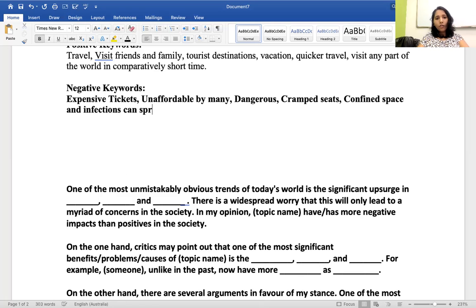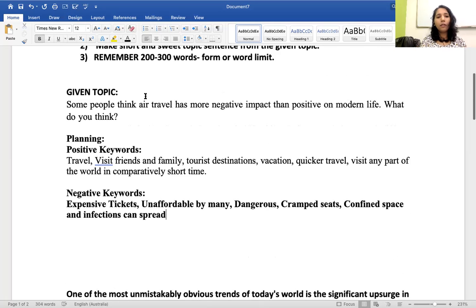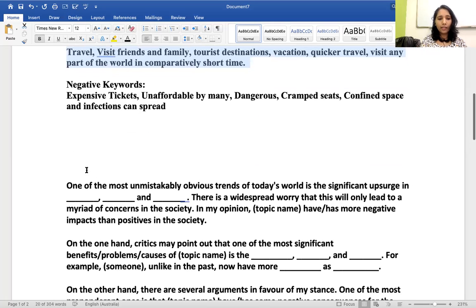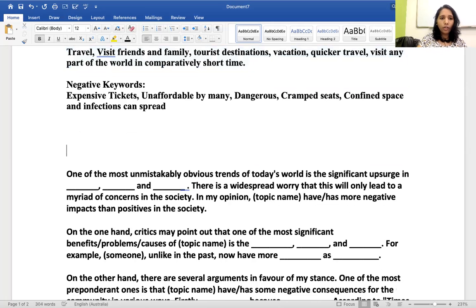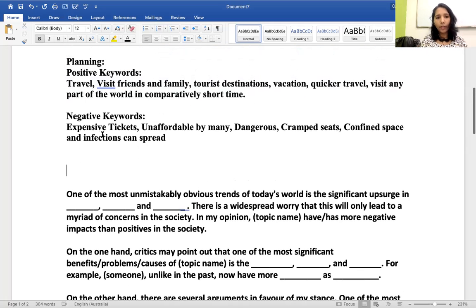Okay, so you think about your positive keywords and your negative keywords. Okay, now we're going to use this template and see how to put it here.